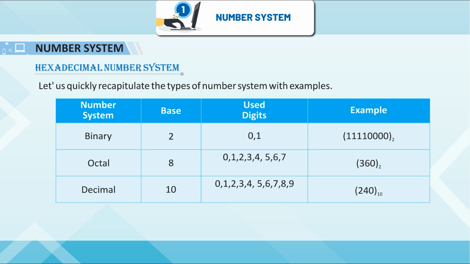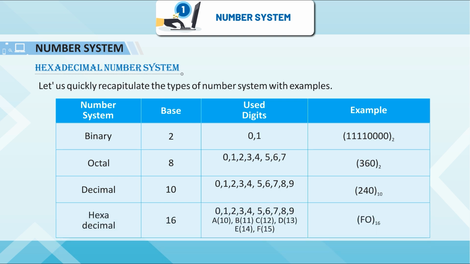Decimal, base 10, use digits 0, 1, 2, 3, 4, 5, 6, 7, 8, 9, example, 240 with base 10. Hexadecimal, base 16, use digits 0 to 9, A 10, B 11, C 12, D 13, E 14, F 15, example, F0 with base 16.